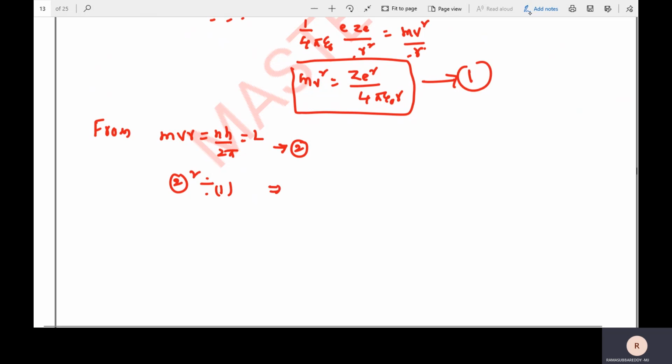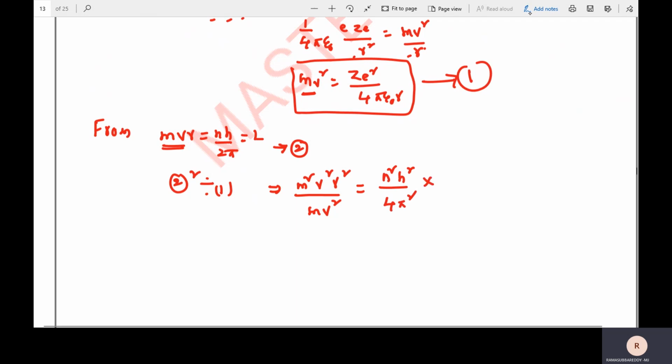So 2 square means m square v square r square by m v square. This is the 2 square of LHS. Now the RHS side: 2 square is n square h square by 4 pi square.